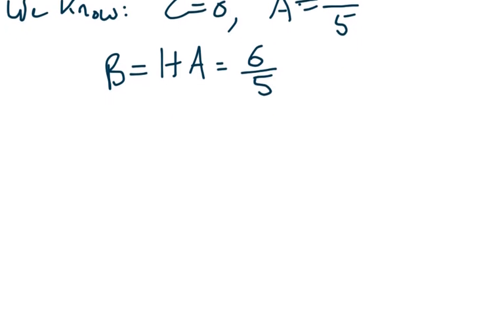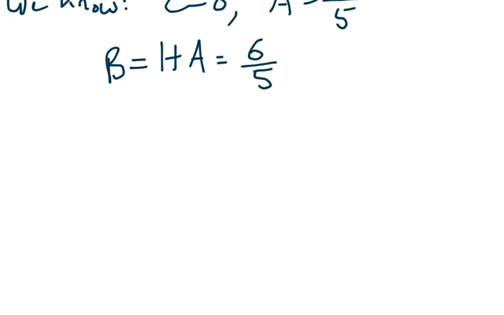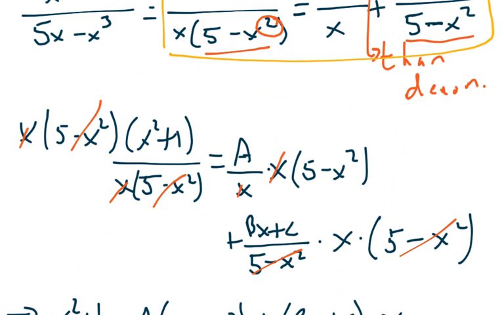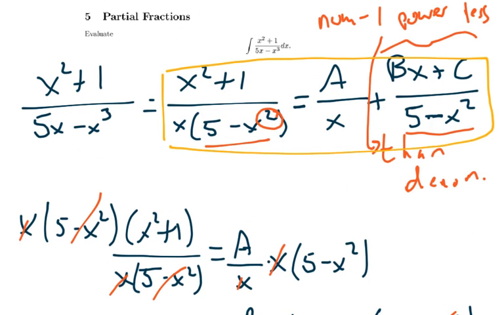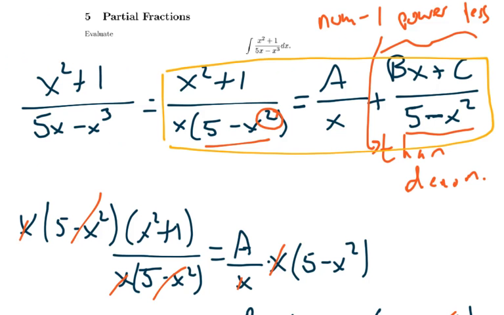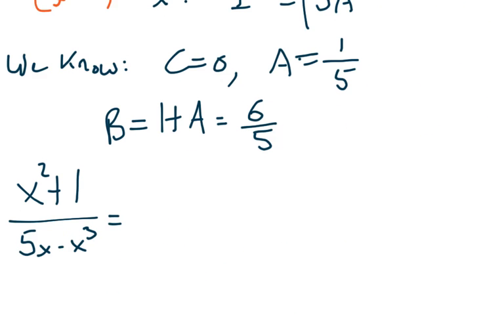Now we know what our original function was: x squared plus 1 over 5x minus x cubed. We guessed it was equal to A over x plus Bx plus C over 5 minus x squared.